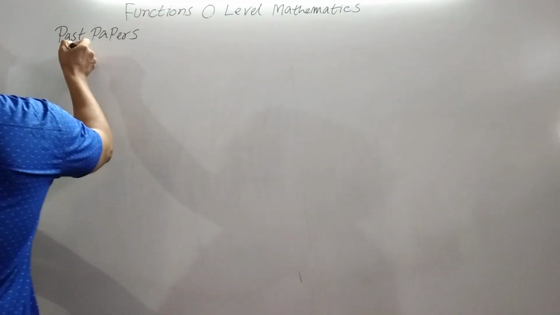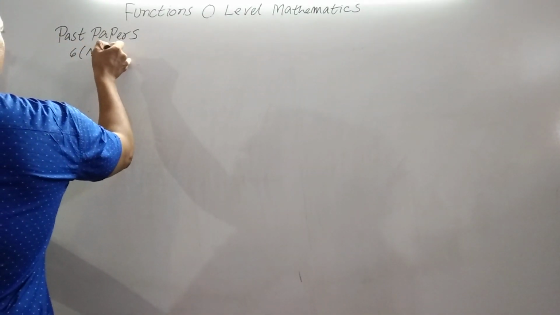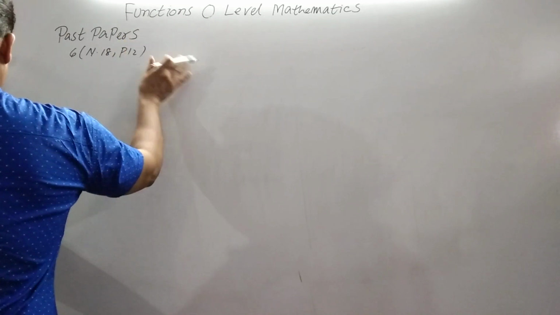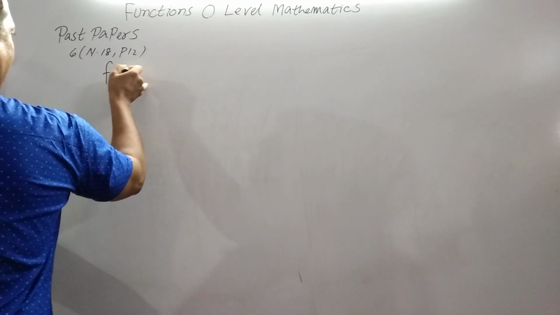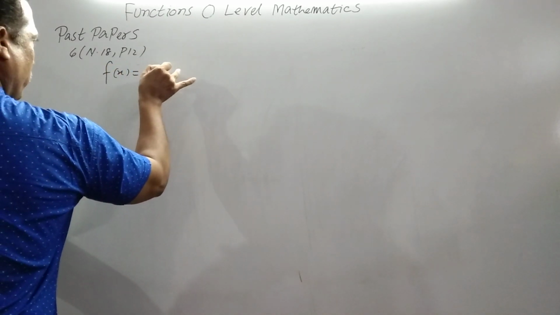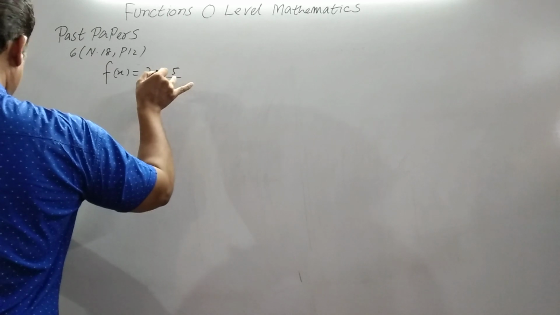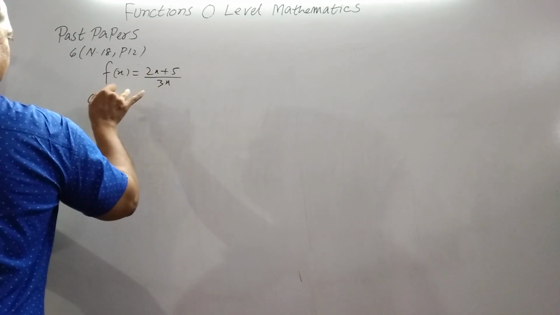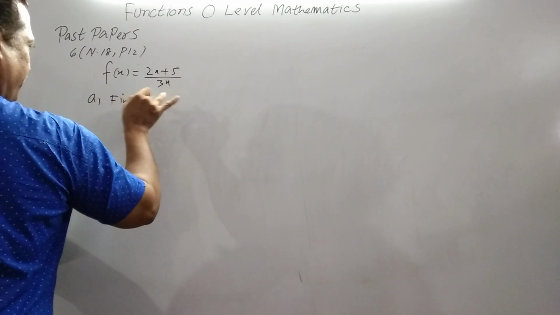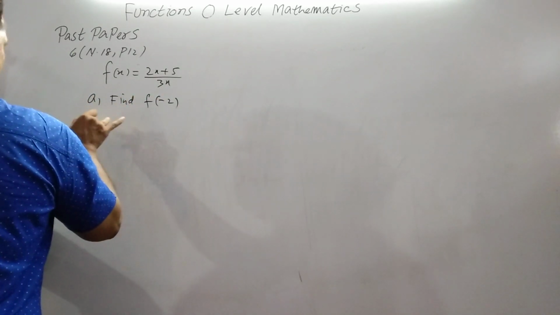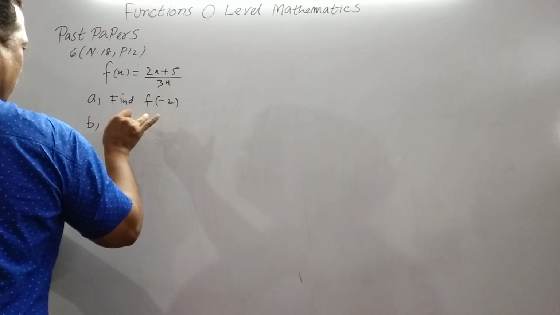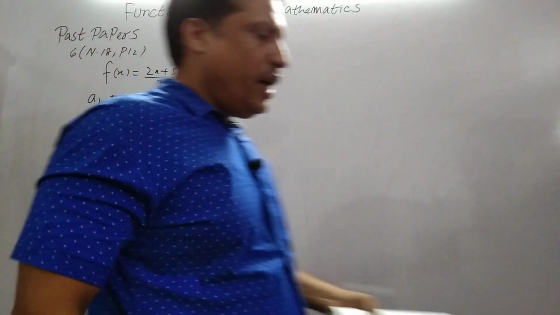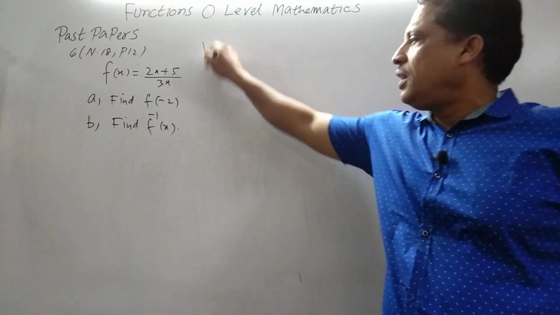This is question number 6, November 2018, paper 1-2, and the question is f(x) given 2x plus 5 upon 3x. We have to find f of minus 2, and we have to find f inverse x.